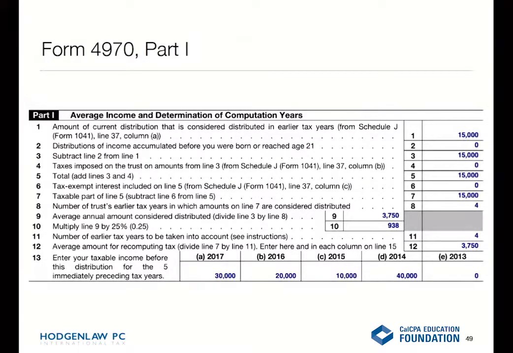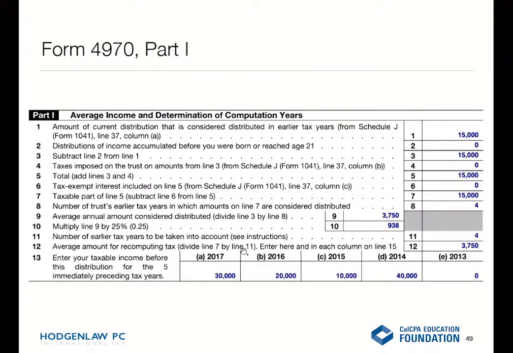So this is where you do the calculation to compute the tax and interest on, or actually just the tax on the accumulation distribution. So first, amount of current distribution that's considered distributed in earlier tax years. That's the accumulation distribution amount. So that's $15,000.